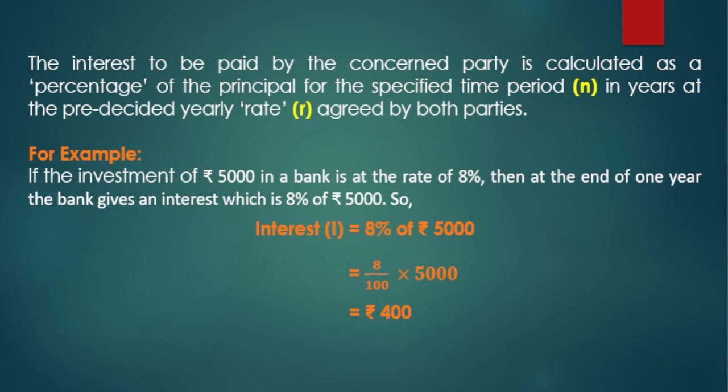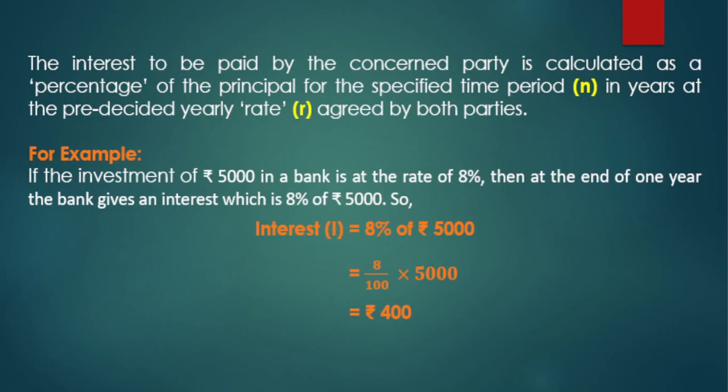The interest to be paid by the concerned party is calculated as a percentage of the principal for the specified time period n in years, at the pre-decided yearly rate, which is represented by r and agreed by both the parties. We can take an example.